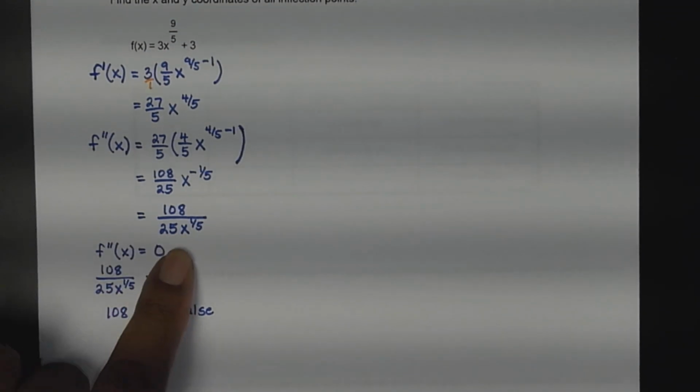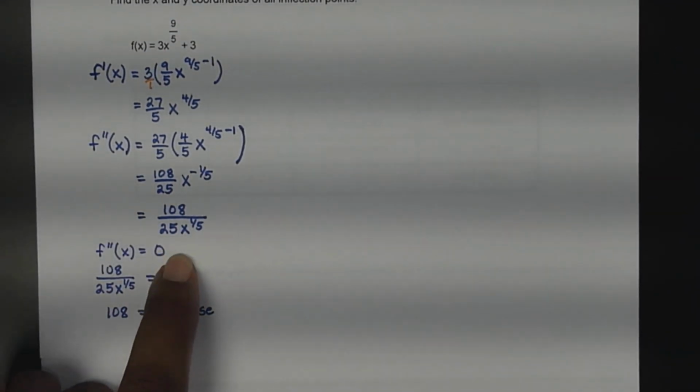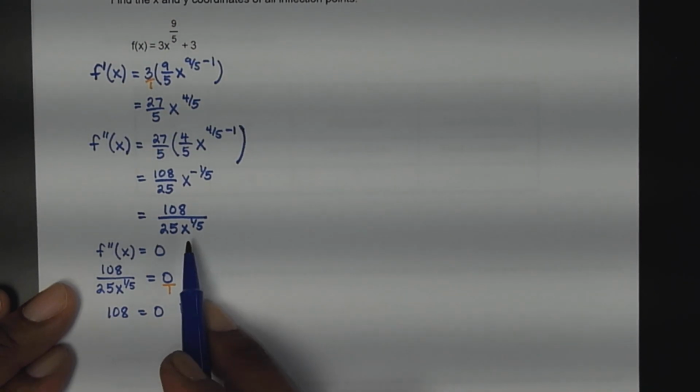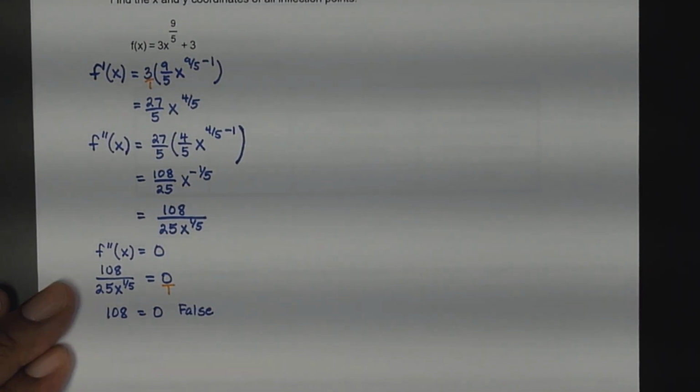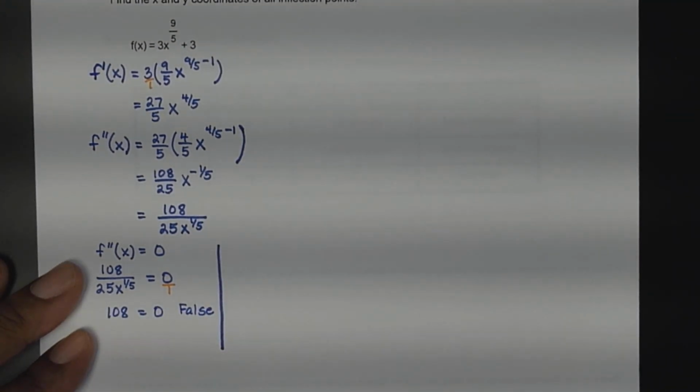However, we can find out the value of x where this second derivative is undefined. And in this case, by just looking at it, I can tell that 0 would be the value where the second derivative is undefined.